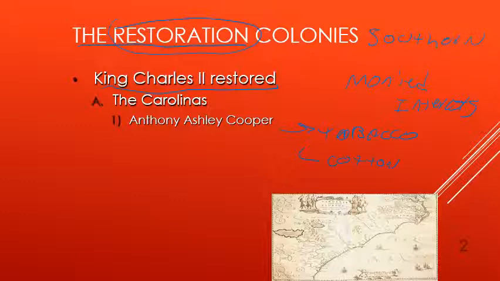If you were somebody who would populate North Carolina, these would be poor people that wanted to start over in the New World. These would be maybe some indentured servants that were already there. This is where the cheap, available land is, so they go to North Carolina.